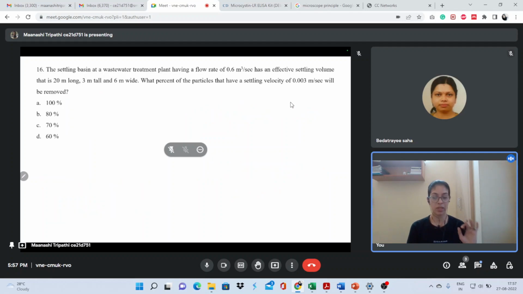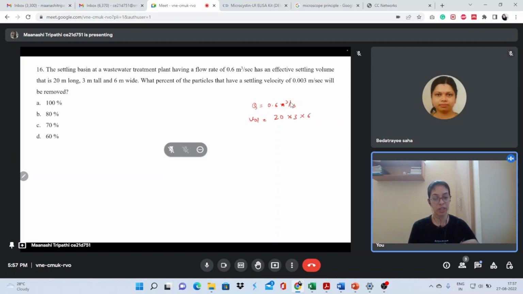So moving towards the last question, then we will close. The settling basin at a wastewater treatment plant having the flow rate Q of 0.6 meter cube per second has an effective settling volume of 20 into 3 into 6.